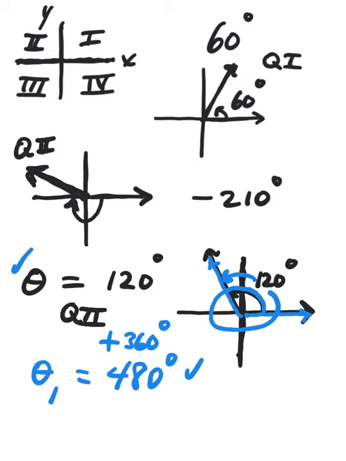What if we were to go clockwise, starting at the positive x-axis, opening clockwise until we get to that same location? How can we figure that out?